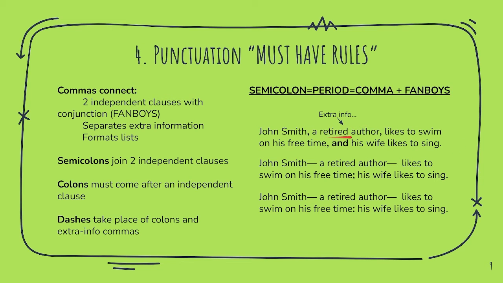So in other words, if we get rid of the area that's enclosed by commas, it doesn't take away anything from the meaning of the entire sentence. We still know that John Smith likes to swim in his free time and that his wife likes to sing. So we can either use commas to surround this part or we can use dashes as well.